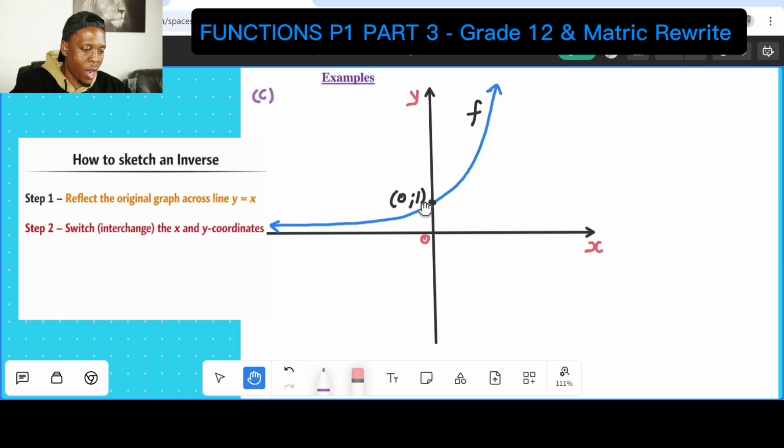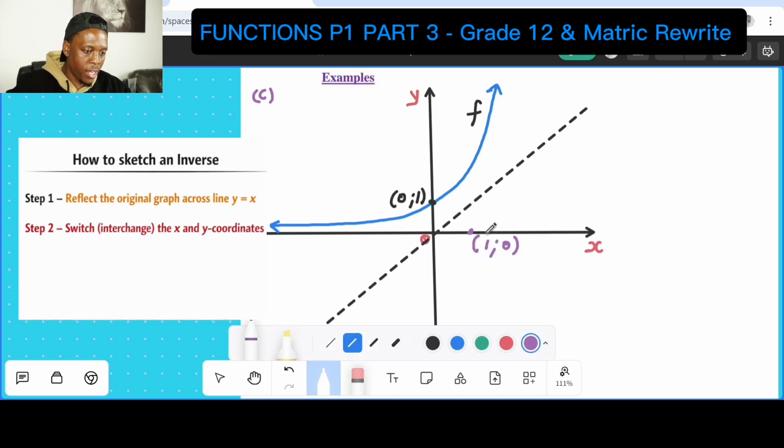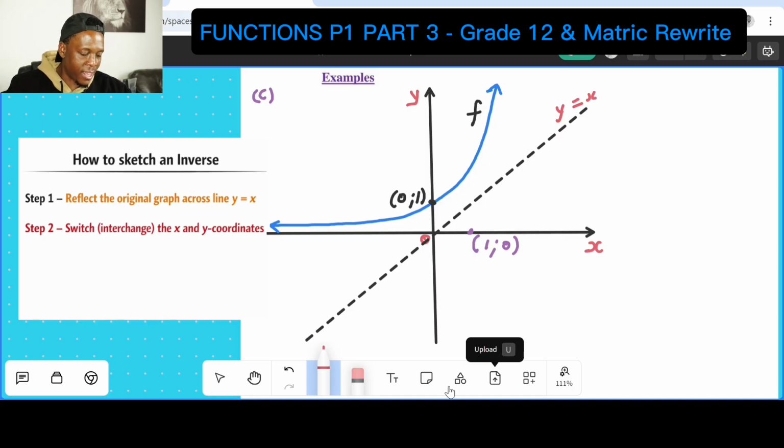Remember, (0, 1) will become (1, 0). (1, 0) will be somewhere here. But to do it right, the inverse is supposed to reflect across this line, which we call line y = x.